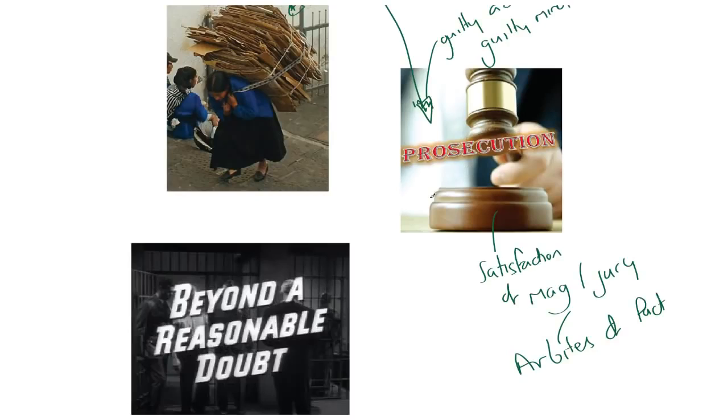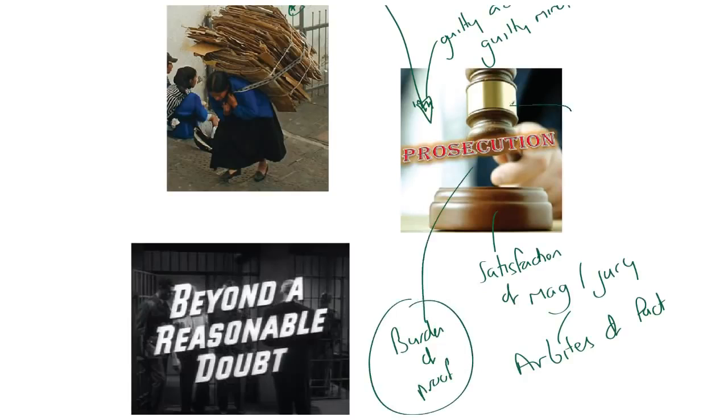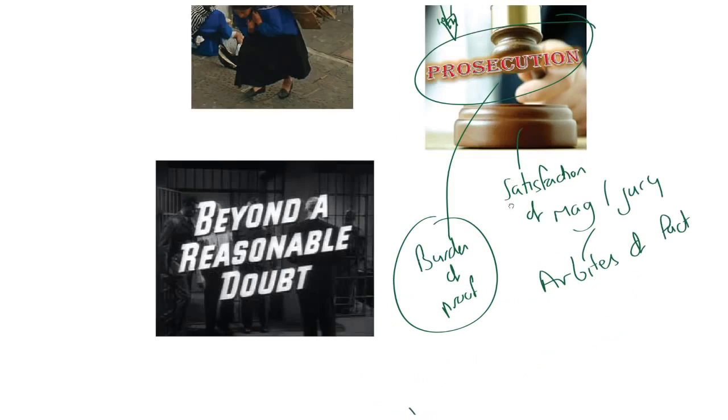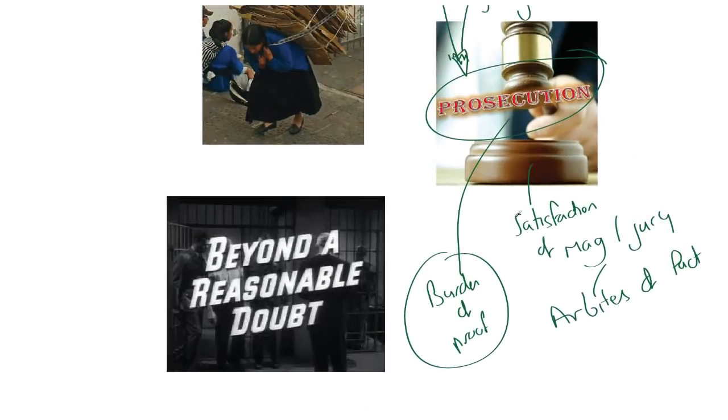So the prosecution have the burden of proof to demonstrate guilty mind and guilty act to the satisfaction of the magistrates or the jury, because they are the arbiters of fact. And this is known as the burden of proof. So the burden falls on the prosecution. Okay? So the burden of proof, who has to prove it, falls to the prosecution.